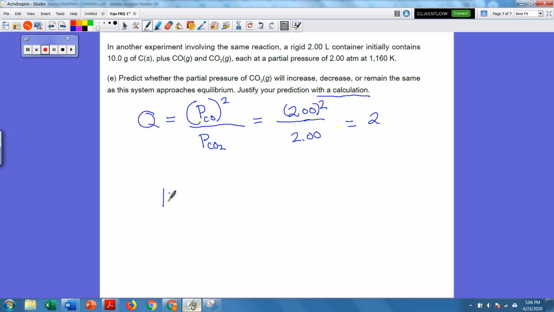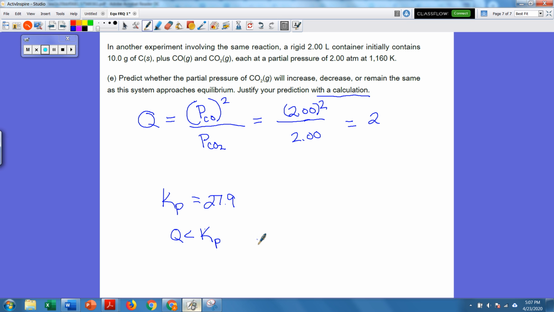If our Q is 2, and we previously measured our Kp as 27.5, oops, not 72. I'm not really dyslexic. 27.9. That means that our Q is less than our Kp.